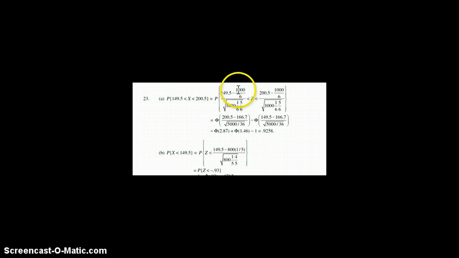Well, we know that the expected value of a binomial distribution is just n times p, so 1,000 times 1/6. And we're dividing by the standard deviation, square root of npq, and that's what these are here. So we're getting that on both of these.